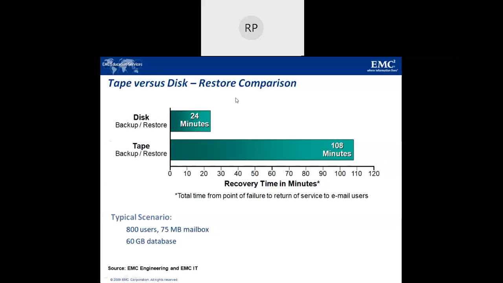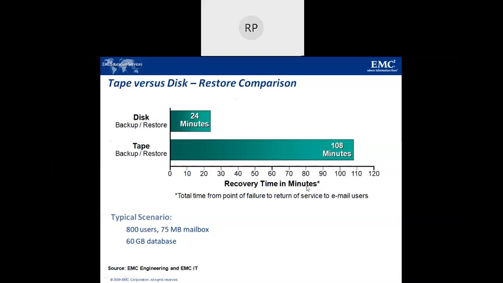Now to illustrate this last point, enhancing overall backup and recovery performance, let us take this example, tape versus disk restore comparison. The typical scenario is 800 users, 25 MB of mailbox, and 60 GB of database. If you use a disk, then the backup and restore process takes only 24 minutes. And for the same application, if you use tape, the backup and restore operation is going to take approximately 108 minutes.